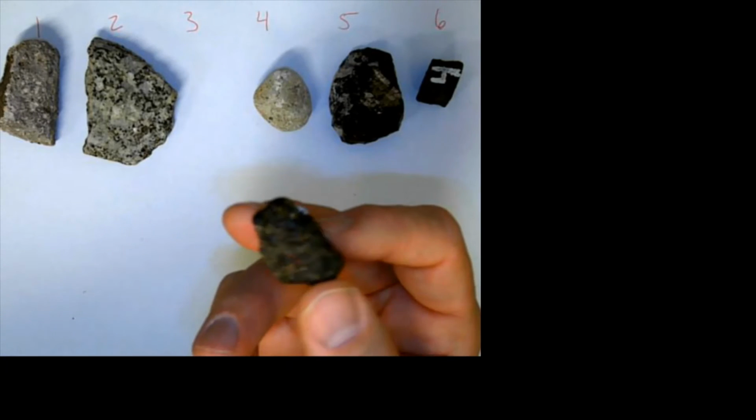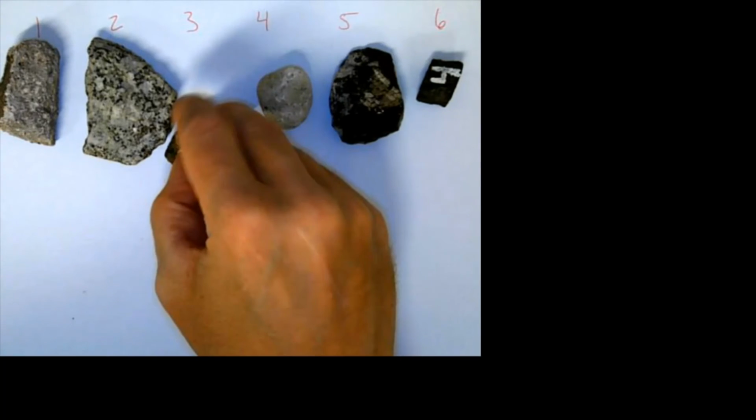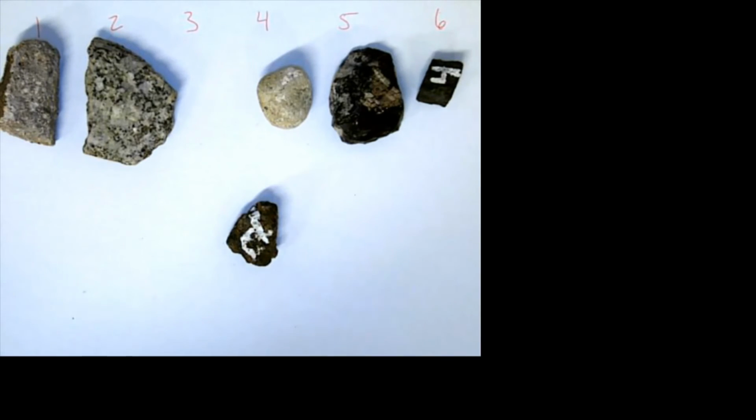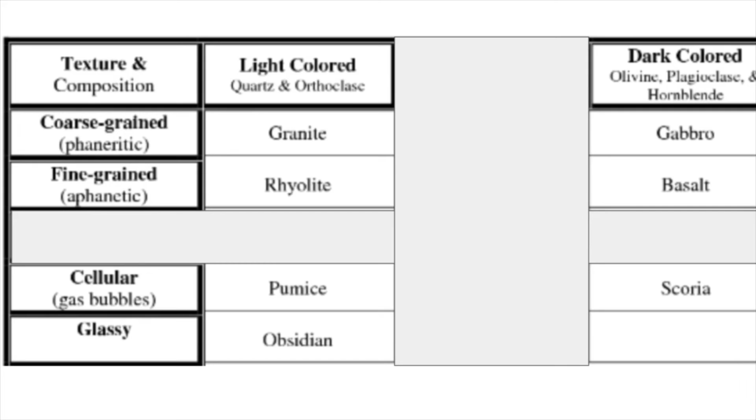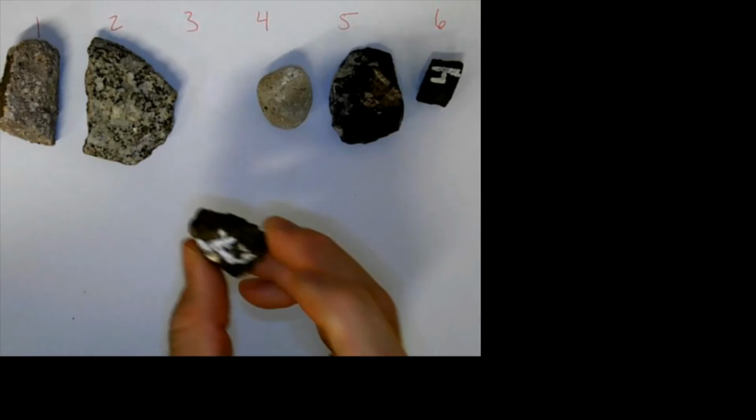So this is dark. And by the way, the white stuff on it, we used to number the rocks, but we kind of gave that up. So it is dark colored with big crystals. So it's mafic with coarse grain. So that is gabbro. So if we take a look at this, this is gabbro.